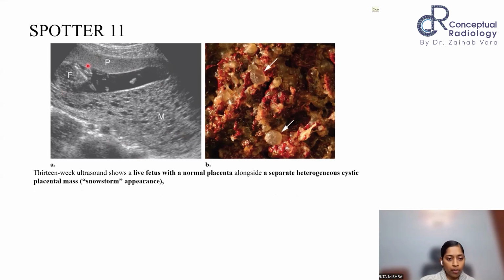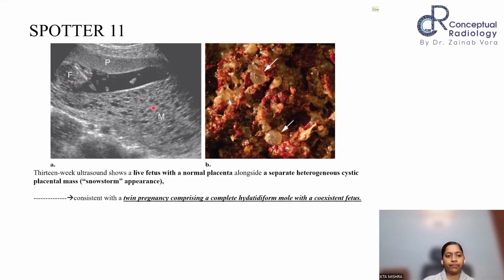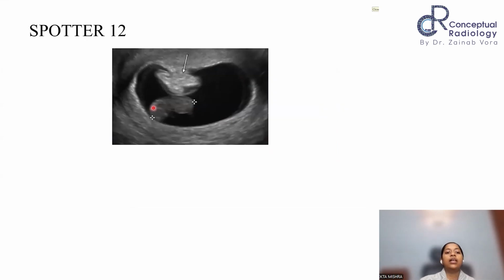So live normal fetus with a heterogeneous cystic placental mass showing me snowstorm appearance. So this is a twin pregnancy, one with H mole, other is normal. Okay. Had it been an amorphous mass of tissue of the fetus, this would become H mole. Okay, so this is twin pregnancy, complete H mole, and a coexistent normal fetus.